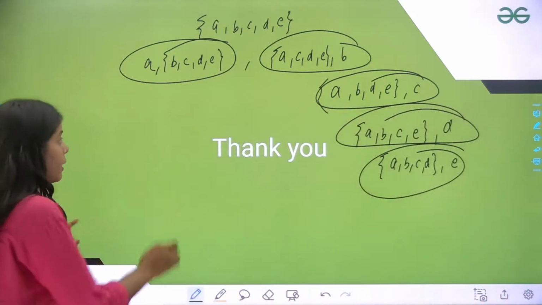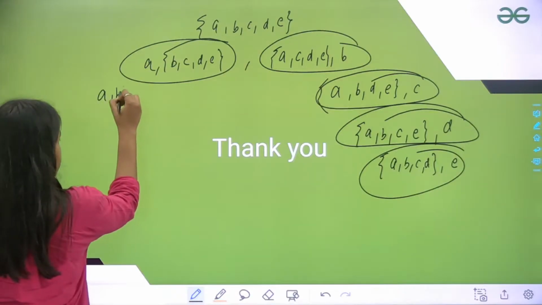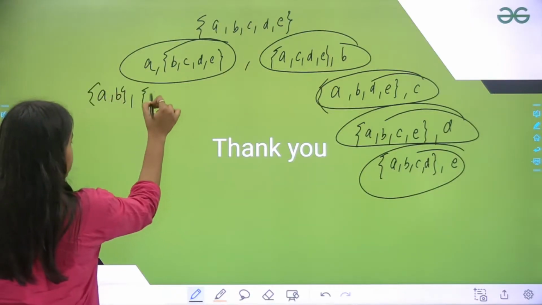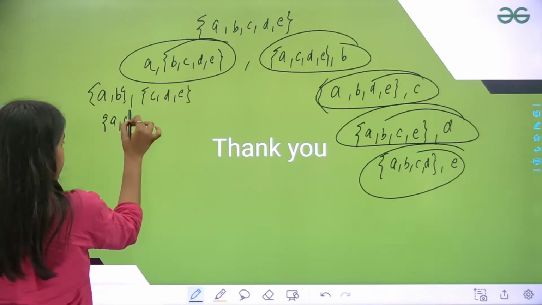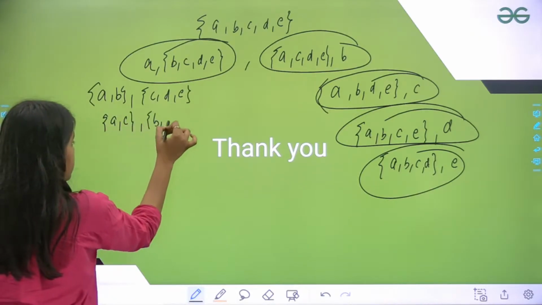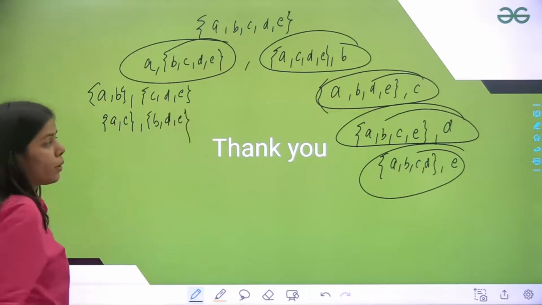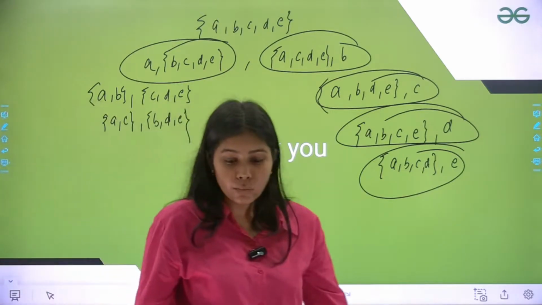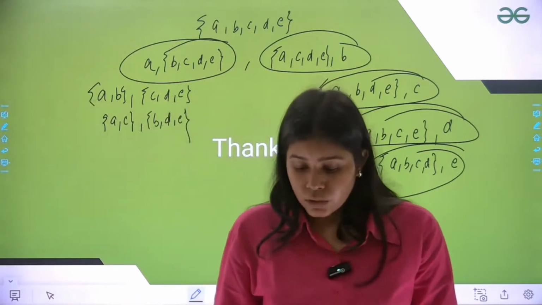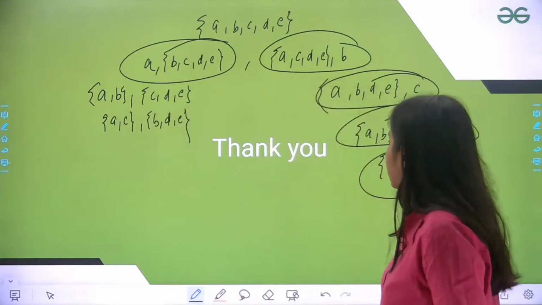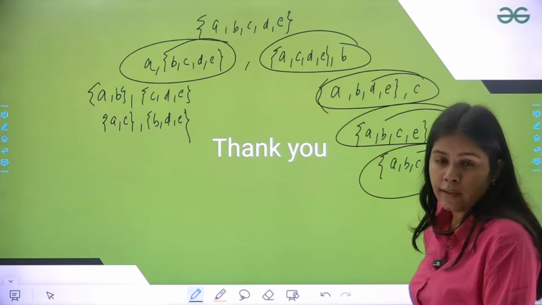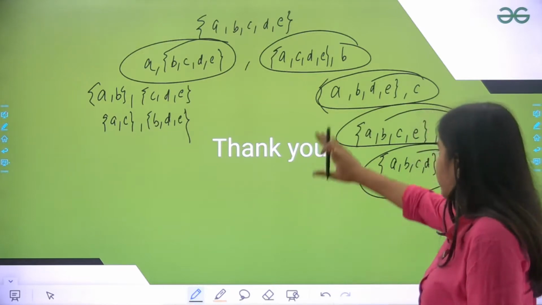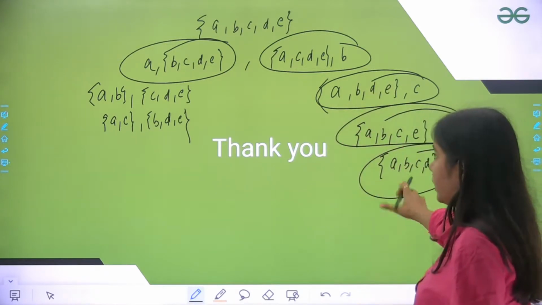But again, what is a possibility? This is a possibility, A, B, C, D, E, or A, C with B, D, E. So there are so many possibilities for the divisive algorithm. So it would not be easy for us to solve the questions by hand. You can see that any combination is possible in the second step.